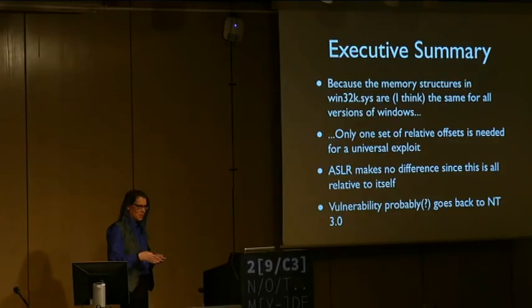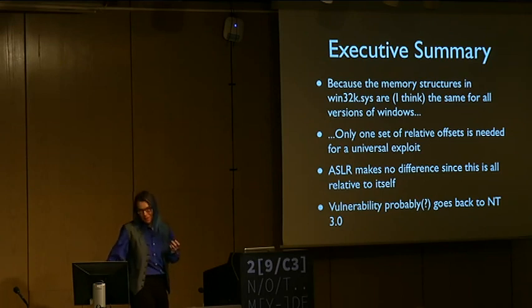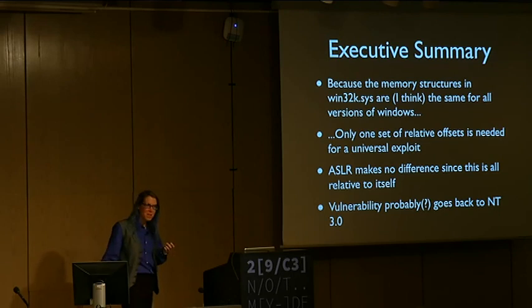So you only need one offset to work on all versions of Windows, and since the kernel already knows where everything is, ASLR, address space layout randomization, doesn't make the slightest bit of difference because the exploit doesn't need to know where anything is.